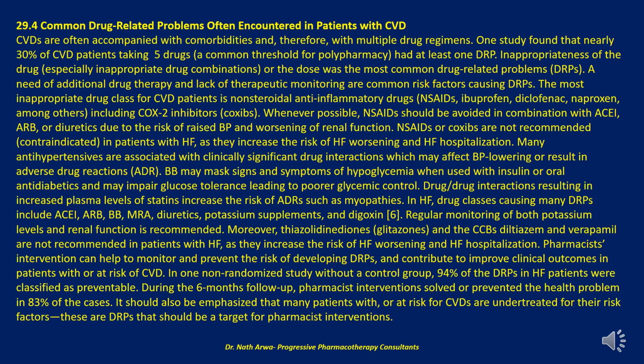Whenever possible, non-steroidal anti-inflammatory drugs should be avoided in combination with angiotensin-converting enzyme inhibitors, angiotensin II receptor blockers, or diuretics due to the risk of raised BP and worsening of renal function. NSAIDs or COXIBs are not recommended, contraindicated, in patients with heart failure, as they increase the risk of heart failure worsening and heart failure hospitalization.